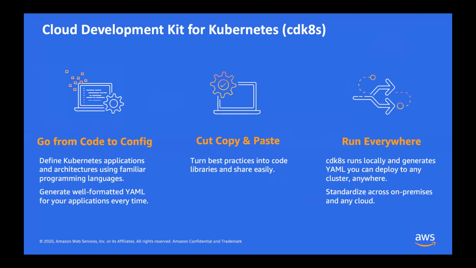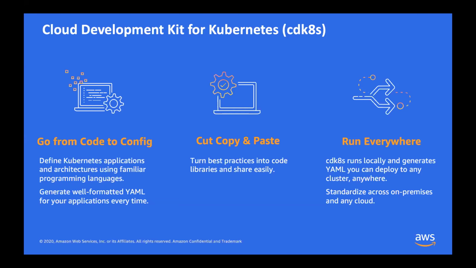There are 3 important things that we think cdk8s helps customers with. First of all, cdk8s is a software framework that lets you go from code to config. Using cdk8s, you can define Kubernetes applications and architectures using familiar programming languages and generate well-formatted YAML for your applications every time.